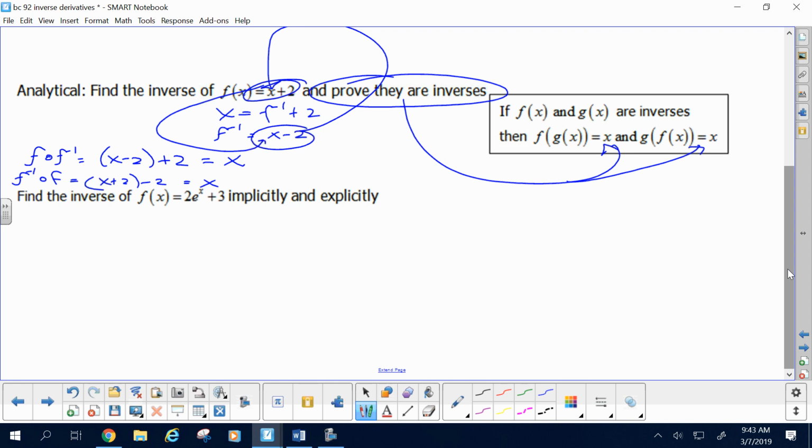Ready? Cool. Give me the explicit form of the inverse. No, give me the implicit form of the inverse. Kylie, go. X equals 2e to the inverse plus.